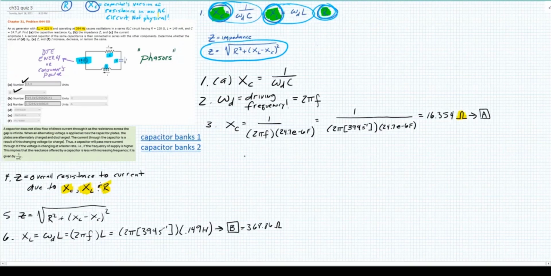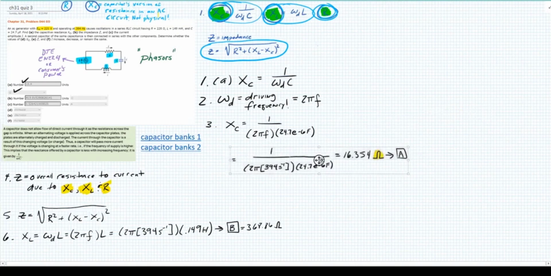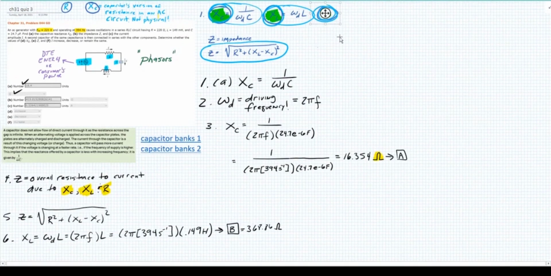All right, so number 7. I'm going to move some stuff around. Here's number 7 over here. I'm going to get rid of this. So part B says, what is the overall impedance of this circuit? Here's number 5 again.